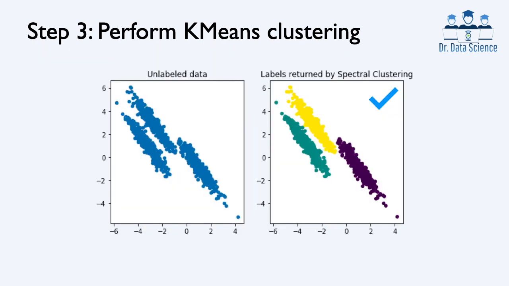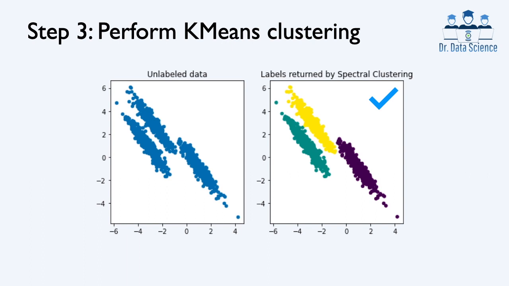And as we can see here, we are able to correctly identify the 3 clusters that we had in the original data. And again, the main difference here is that we apply the K-means clustering to the top eigenvectors of the matrix M, which was the normalized adjacency matrix, instead of applying K-means in the input space.